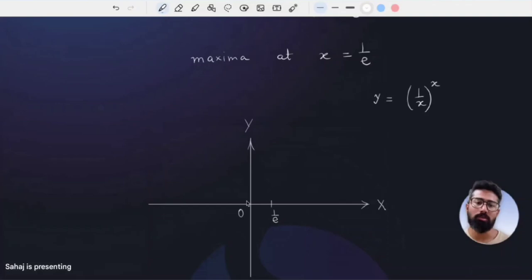At x equals 1, this function is exactly 1. At 1 by e, it has a maxima. And what about very close to 0? What value does this function have?